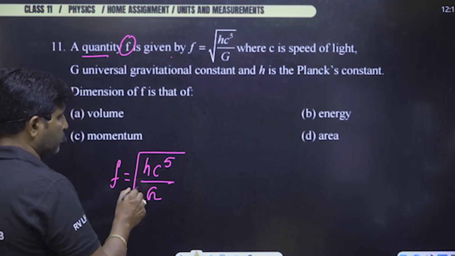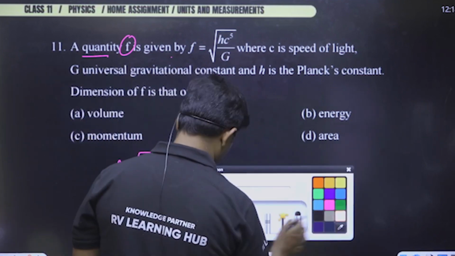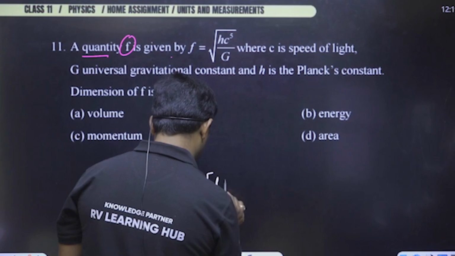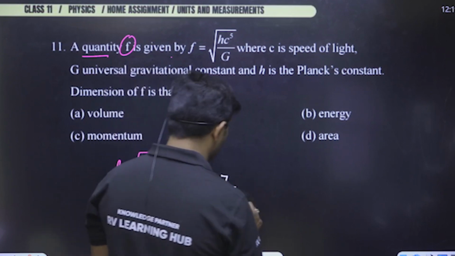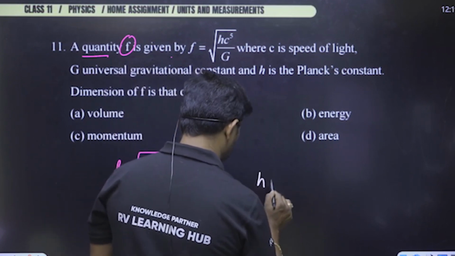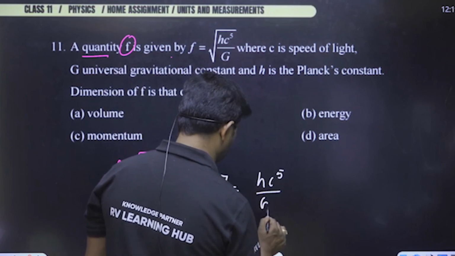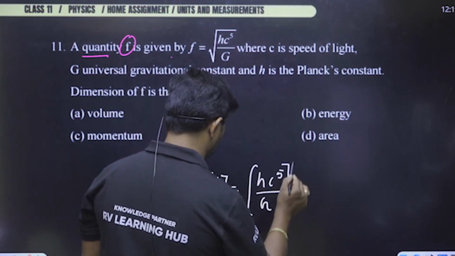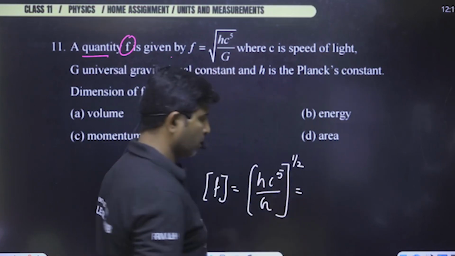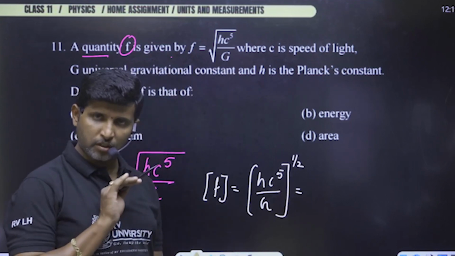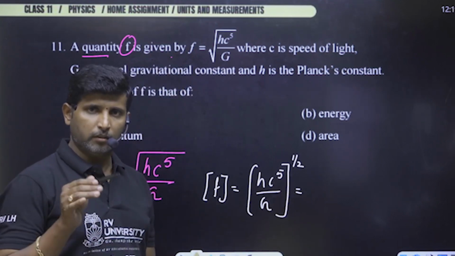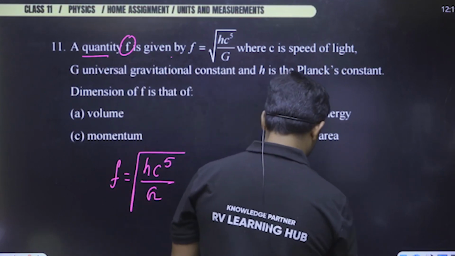Then they are asking us to calculate the dimensions of F. We can say h c power 5 divided by G, whole to the power of 1 by 2. So just substitute the dimensions of each and every quantity, then we'll get the final answer here.